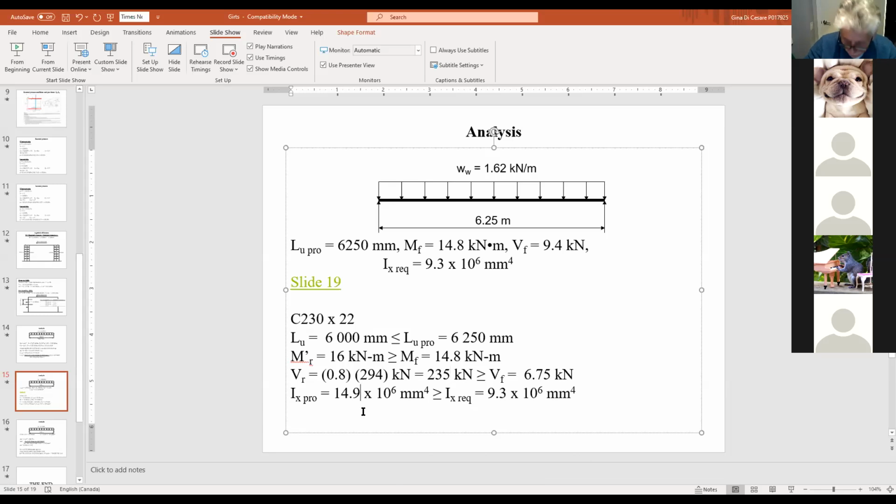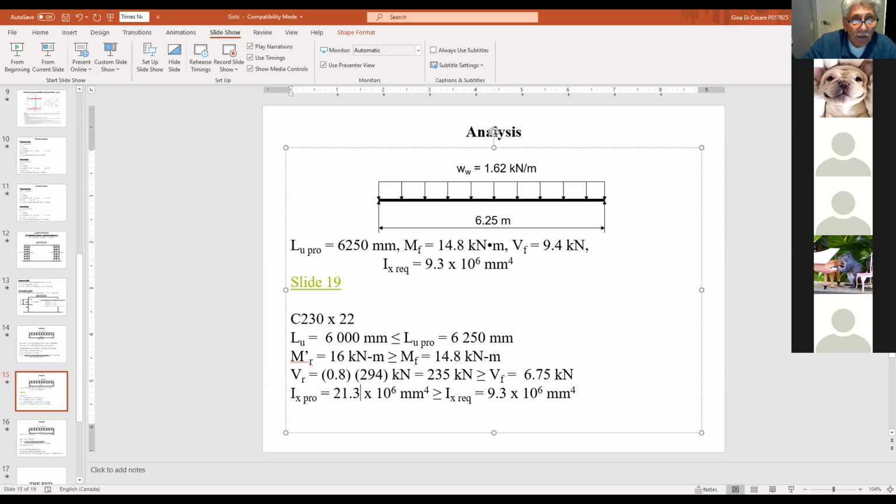And of course, our IX value was 21.3. Wow, that's really good. And that's going to be it for the girts. So therefore, we'll make all the girts. We're going to specify in our drawing that all the girts are going to be C230 by 22.